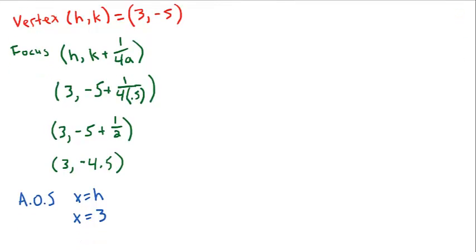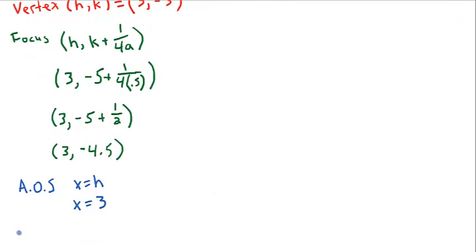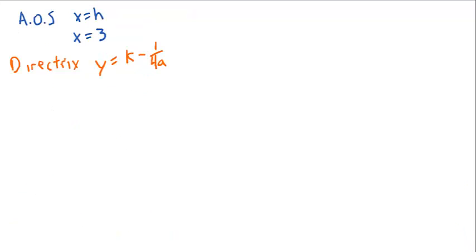Our directrix. So our directrix is going to be, let's do that in orange. Directrix. Okay, so we're going to call that Y equals K minus 1/4 times A. Alright, we need some more room here. So we've got Y equals, our K was -5 minus 1/4 times, and then our A was 0.5, so don't forget that.